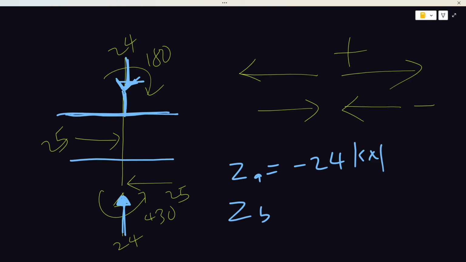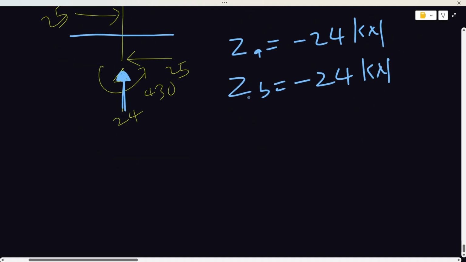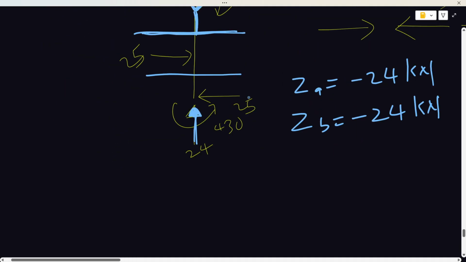So VB is equal to minus 24. You notice that axial forces deal with the parallel side of the beam, that is the x-axis, and remember this was the y-axis. So that is it.